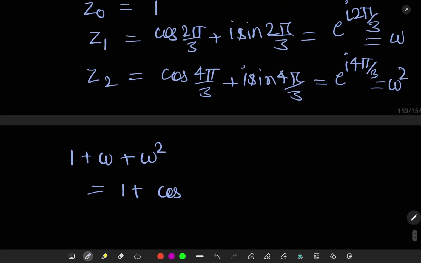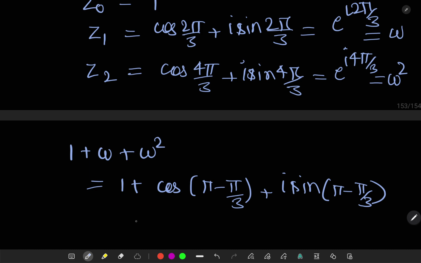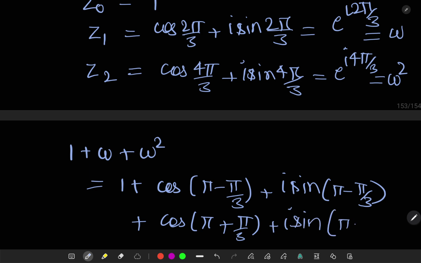Here this is cos 2 pi by 3, or we can write this pi minus pi by 3 plus iota sine pi minus pi by 3 and plus omega square value, which is cos 4 pi by 3, or we can write here pi plus pi by 3 and plus iota sine pi plus pi by 3.